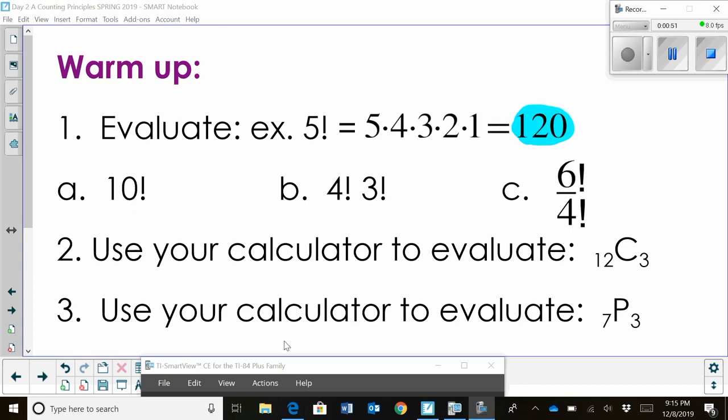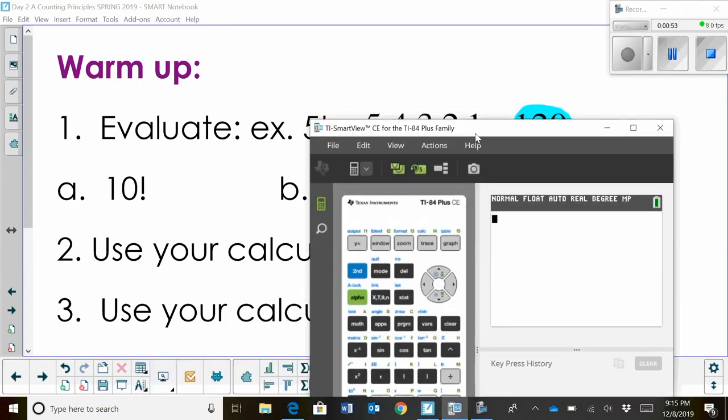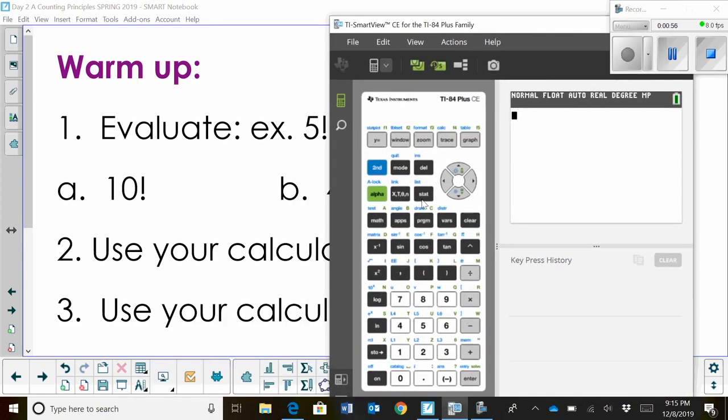So 10 factorial, you want to maybe grab your calculator and multiply it out.